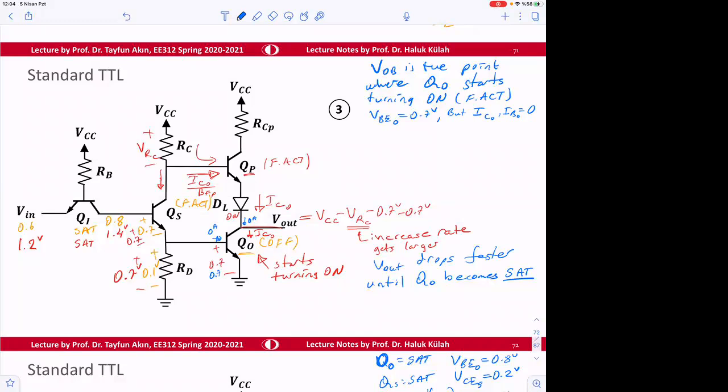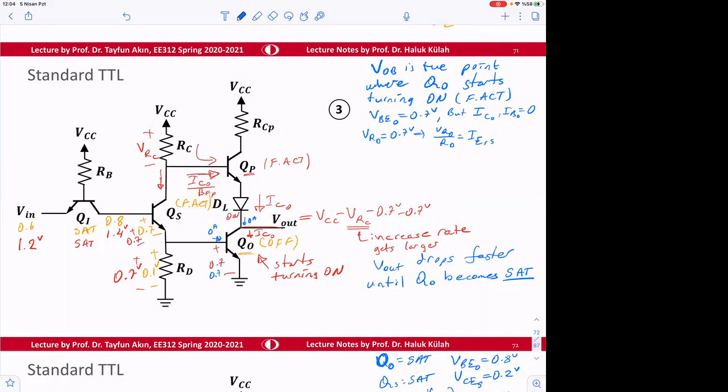So VBE of O being 0.7 means we can find VRD. VRD is 0.7 volts. From here, VRD divided by RD is going to give us the current, which is the emitter current of the splitter transistor.